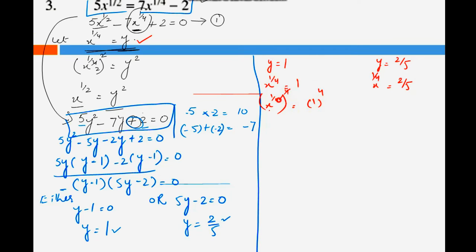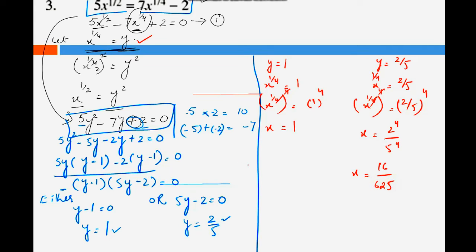So this 4 will be cancelled with this. So here 1 raised to the power 4 is equal to 1, and here this 4 will be cancelled with 4. So x is equal to 2 raised to the power 4 upon 5 raised to the power 4. 2 raised to the power 4 is 16 and 5 raised to the power 4 is equal to 625.